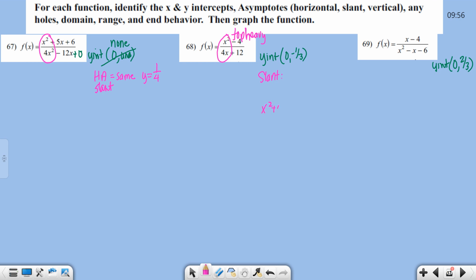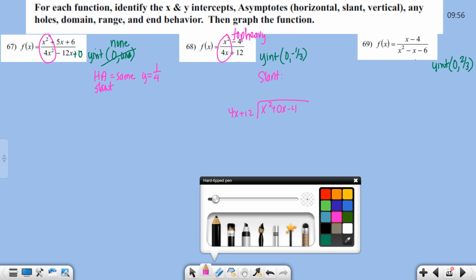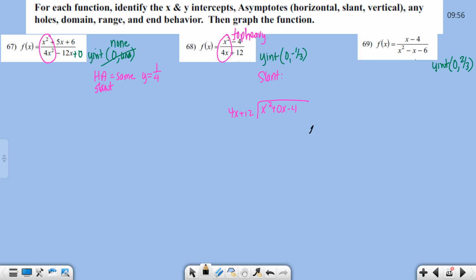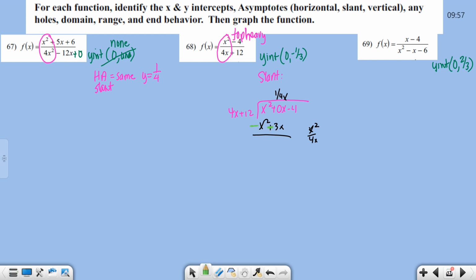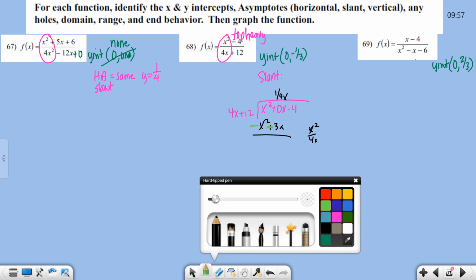So I'm going to do x squared. I'm putting in that 0, x minus 4, and here's a practice of long division, 4x squared plus 12. So off to the side, I need to see what's x squared divided by 4x. That gives me 1x over 4, so 1/4 x. Multiply that through to give us x squared plus 3x, and then I have to change the signs and subtract.